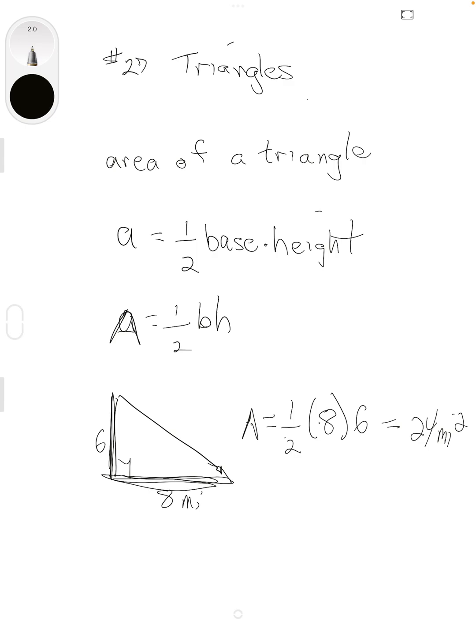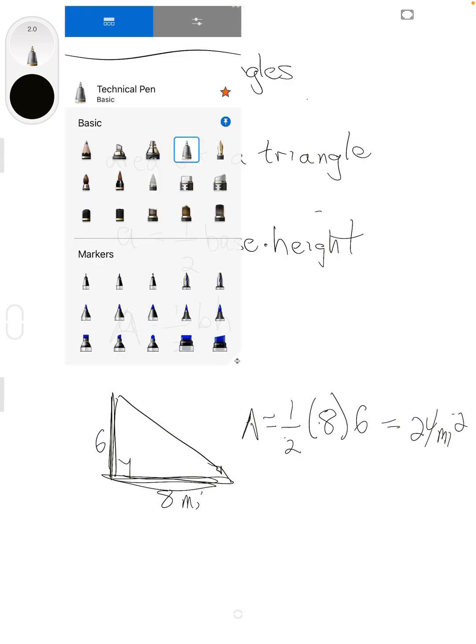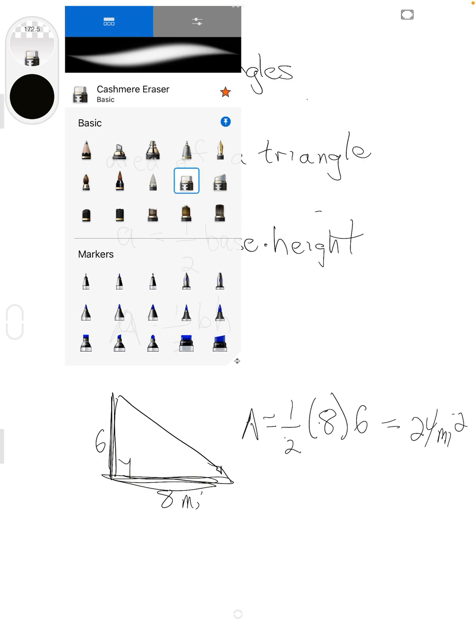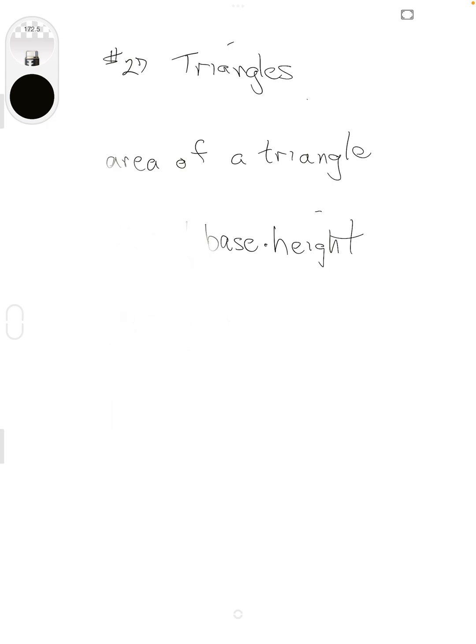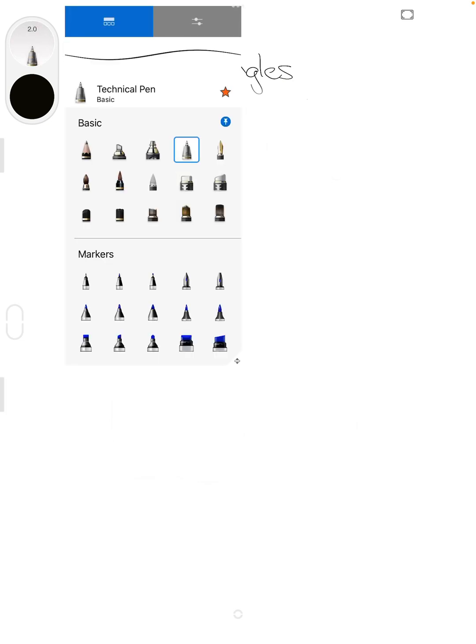All right. That is one way to do triangles, if they're nice, simple, 45-degree triangles. I'm going to kind of rewrite this a little bit and show you what if they're not nice and clean. So area equals 1/2 base times height. There's different kinds.